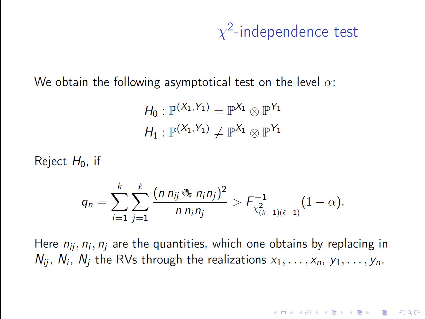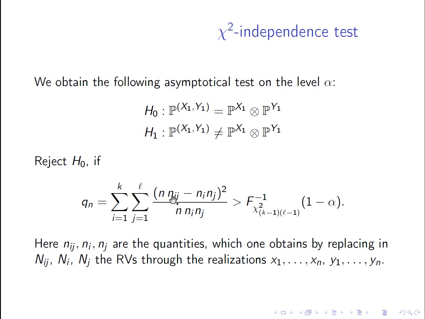And what is a value which doesn't fit? If this Q_n is greater than this thing here, where we have the inverse distribution function of the chi-square distribution with (k minus 1)(l minus 1) degrees of freedom evaluated at 1 minus alpha. So we are rejecting our null hypothesis if we see values of this test statistic which would only appear under our null hypothesis with a probability less than alpha.